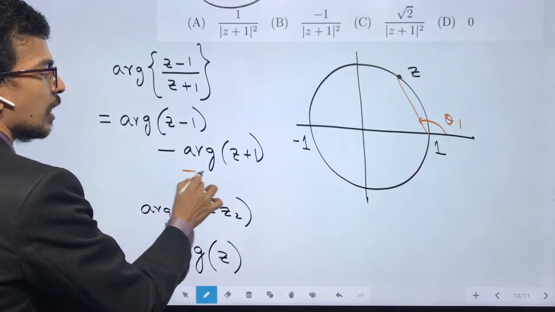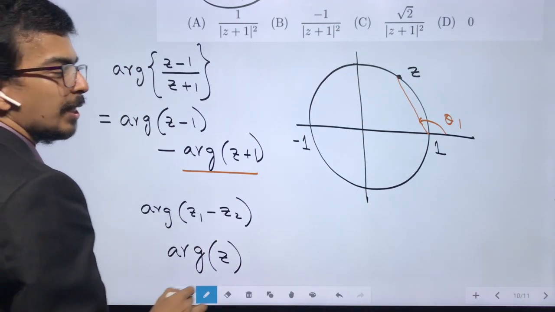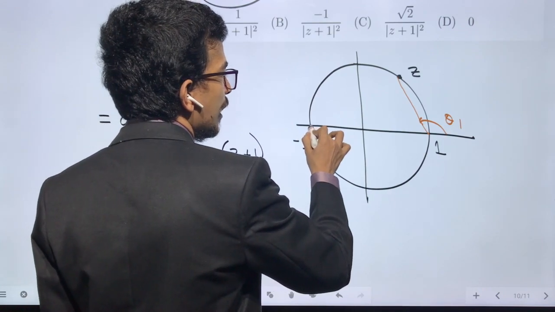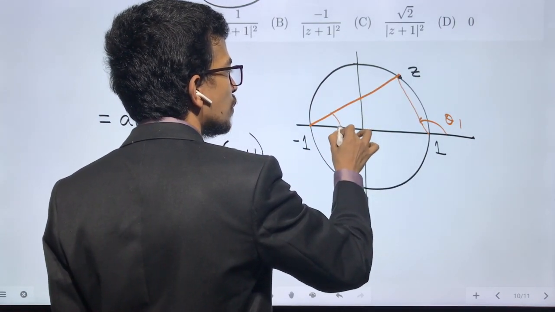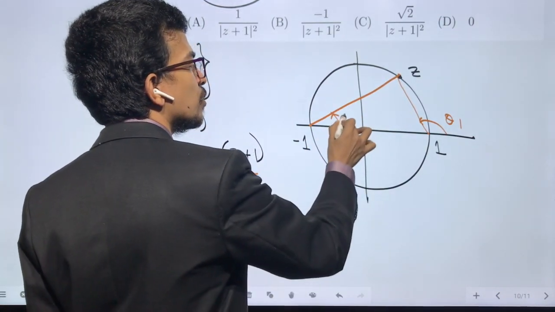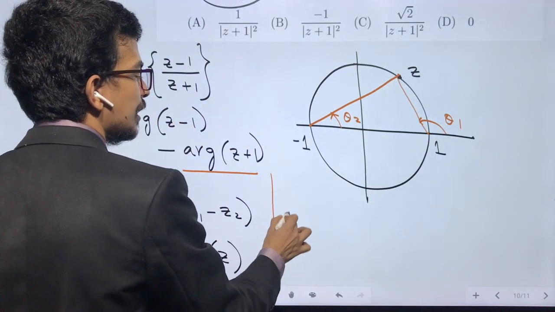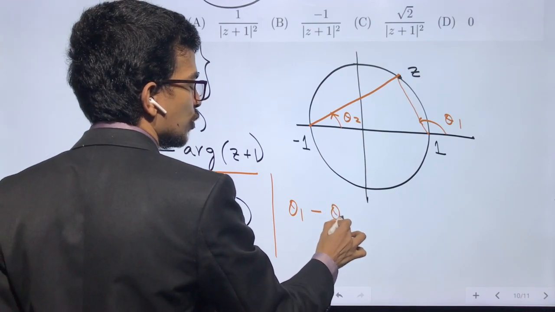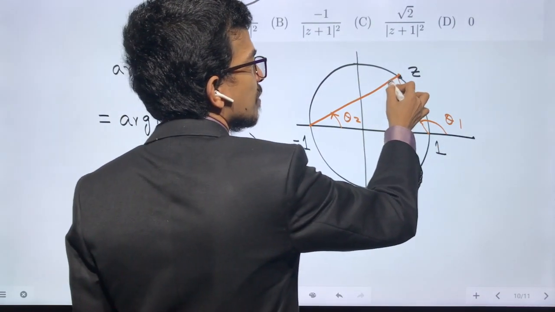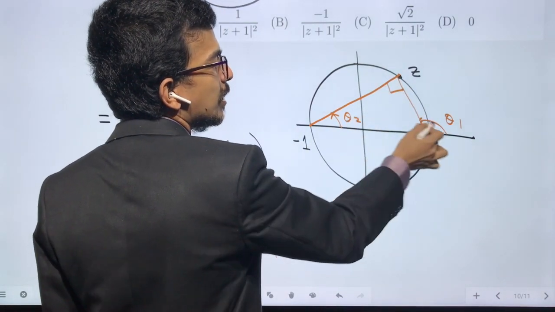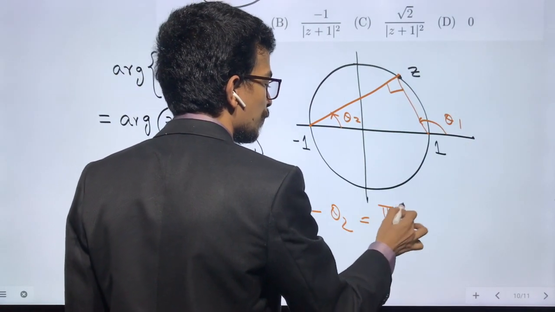And similarly, argument of z plus 1 is going to be the angle made by the ray joining minus 1 to z with the positive direction of x-axis. So let's call this theta 2. And in this case, it is nothing but theta 1 minus theta 2. From the figure, it's clear that this is a semicircle. This angle is nothing but theta 2 minus theta 1, which is pi by 2.